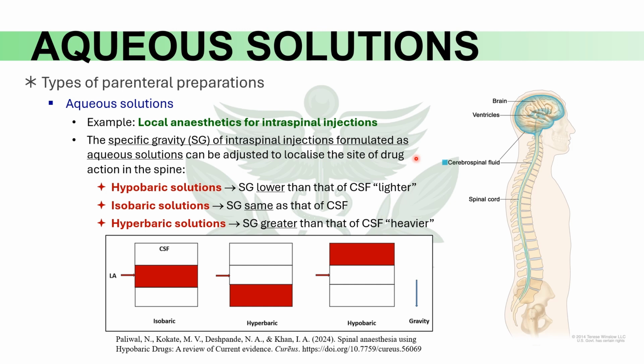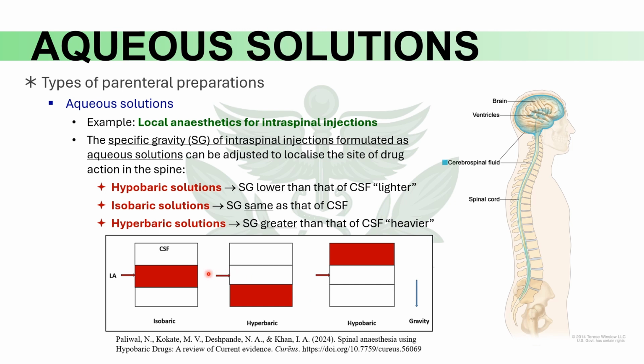As such, we can classify intraspinal aqueous solutions into three types: hypobaric, isobaric, and hyperbaric aqueous solutions. From its name, hypobaric solutions are less dense than cerebrospinal fluid, and hence, upon injecting the local anesthetic, the solution would spread upwards. Likewise, hyperbaric solutions are more dense than cerebrospinal fluid, and hence spread downwards.